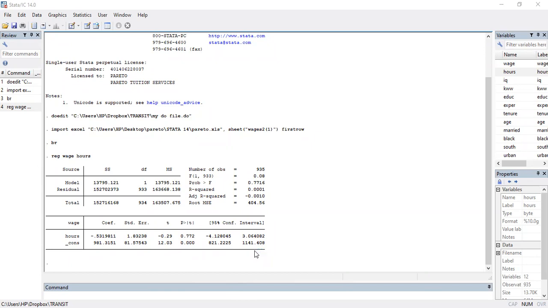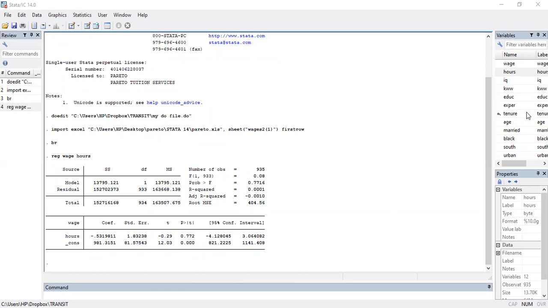What happened? They wrote no variables defined. But have you imported the data? Yes. Kezia, when you check the variable window, do you see your variables there?